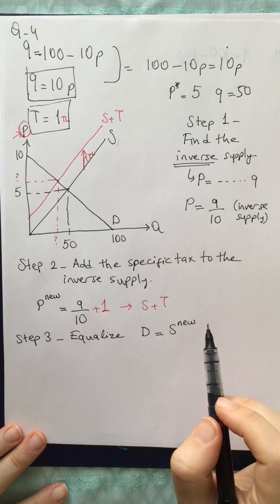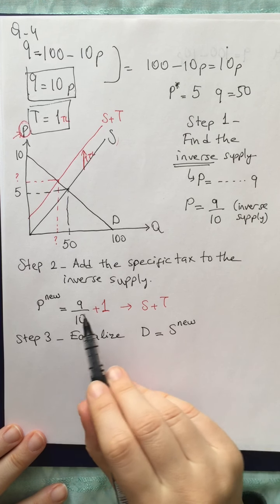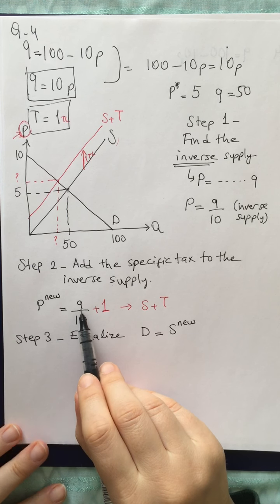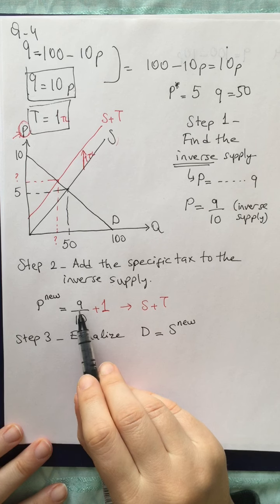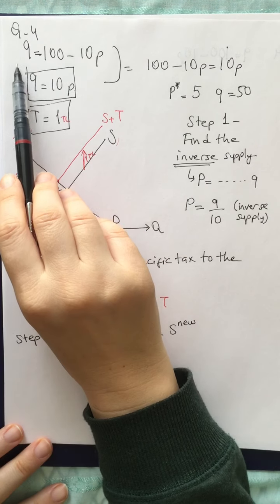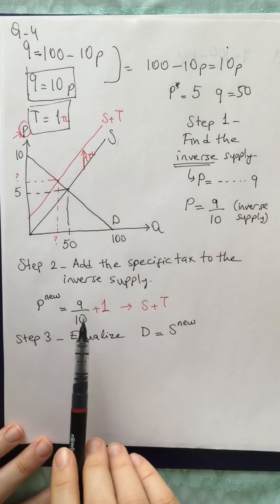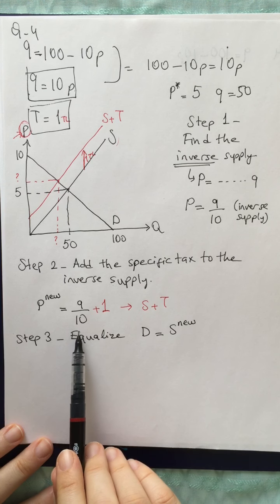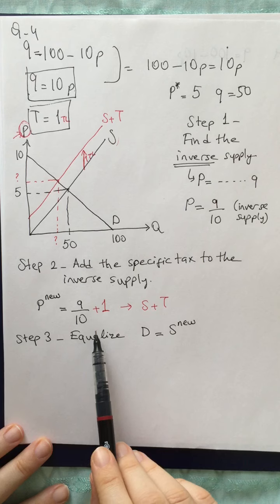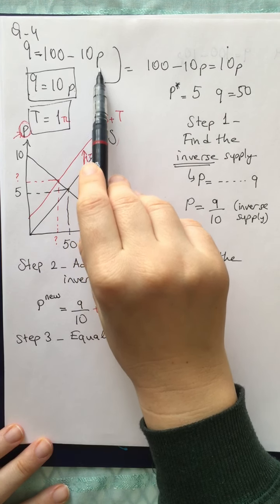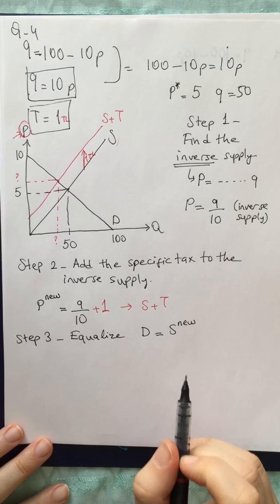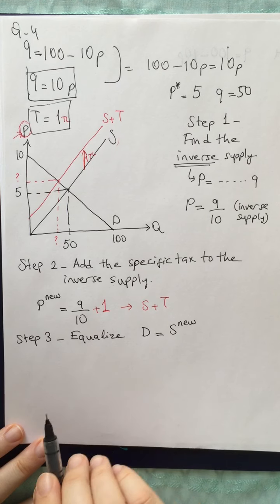You can do it in 2 ways. You can do it by writing the supply function as Q equal to, again, because demand function is written as the normal demand, Q equal to, or you can just insert that value into the demand function to find the equilibrium quantity.